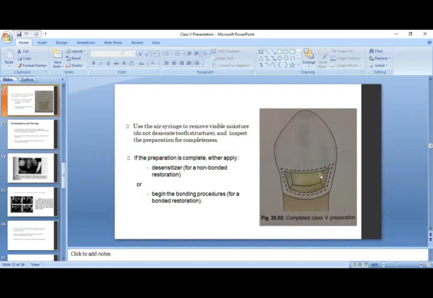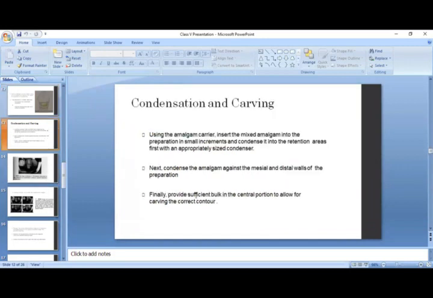This is mesial wall and this is distal wall, right? So we are placing the restoration in that area. Okay, this is how we condense, or this is how we are putting that restorative material, which is amalgam, in that area, right?